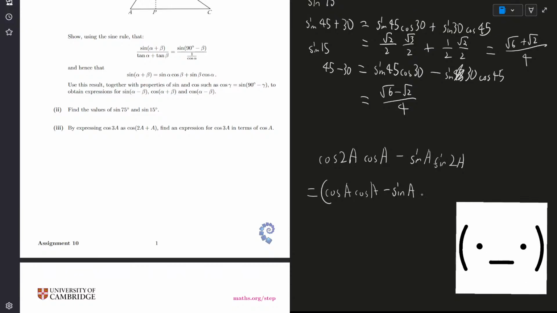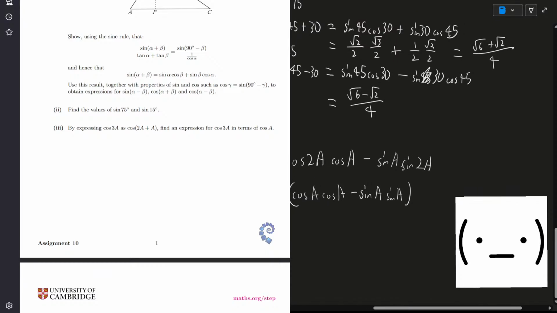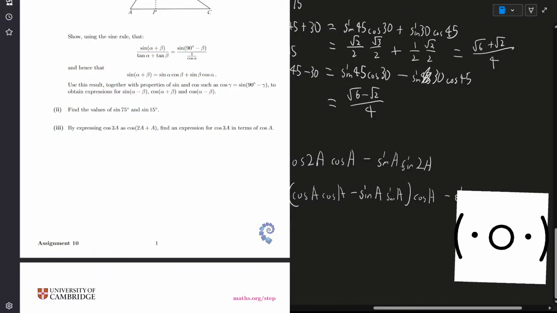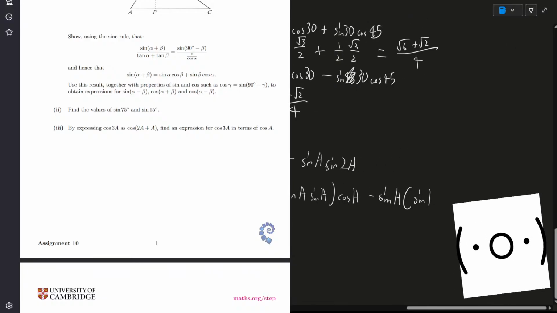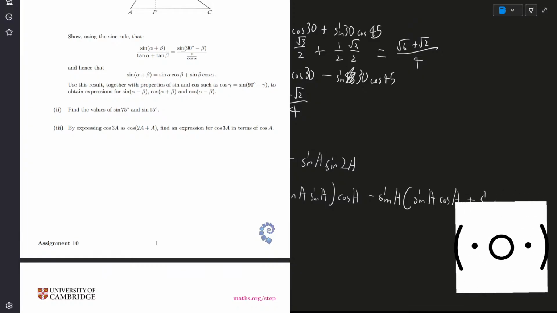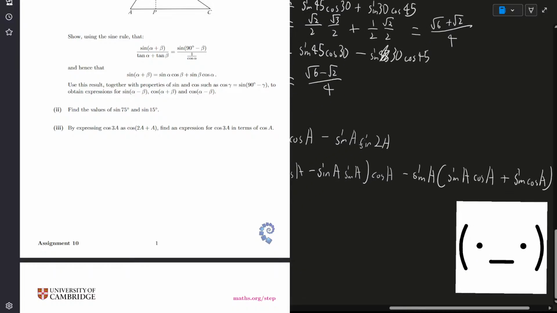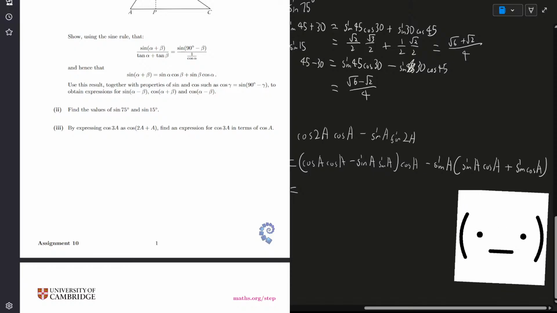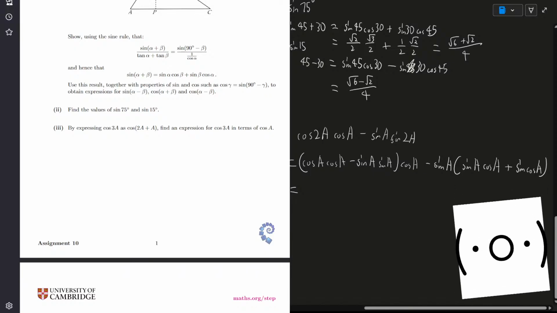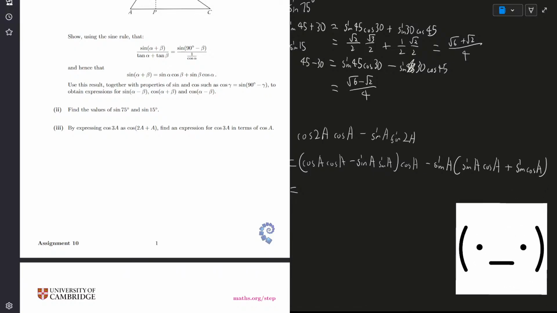Plug it in. Minus sine a. Okay, so now it's sine a cosine a plus, you guessed it, sine a cosine a. Oh wait, these are our identities. Huh. Yeah, these are our identities. Oops, I should have just recited them. Oh well, doesn't matter now.